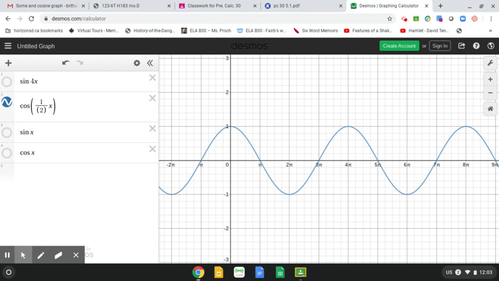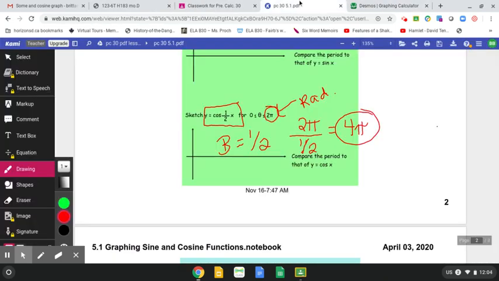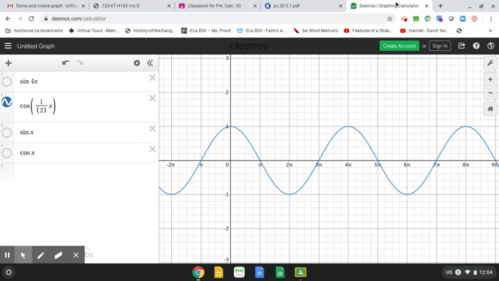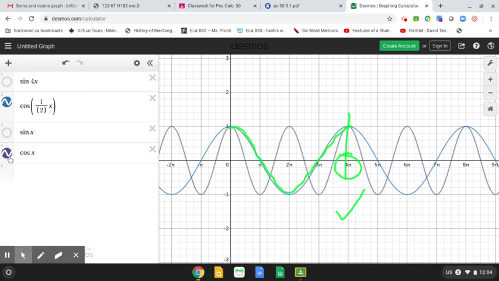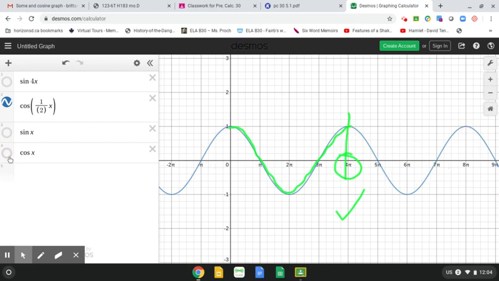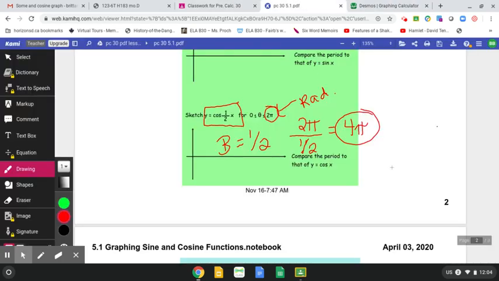Now, we said that the period was 4 pi. So let's see if we're right. The period starts here, goes down, and by the time it goes back up, that value right there is 4 pi. So we were right. Good. To compare it to the regular graph, this is what the regular cosine looks like. So that is just comparing the two.